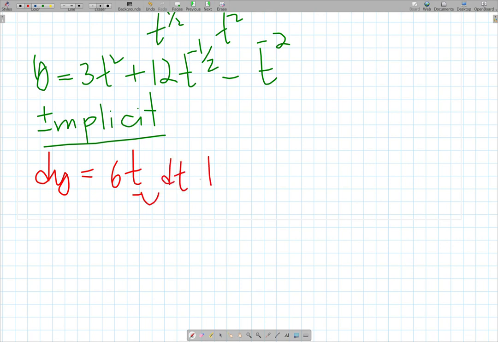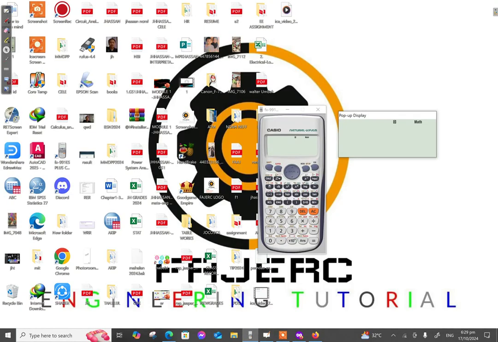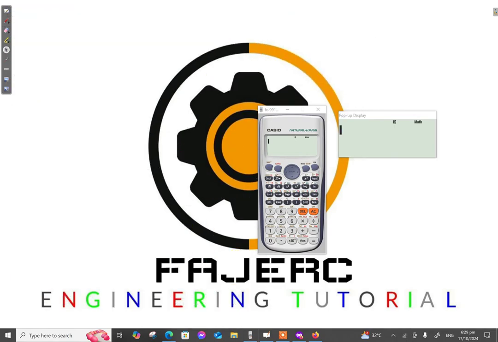Okay, plus negative 1/2 times 12, this one. Negative 1/2 times 12, calculator. Using calculator, negative 1/2 times 12 equals negative 6.